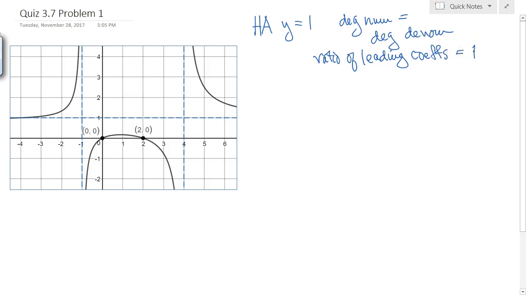Okay. Next thing I want to make note of is the vertical asymptotes. We have one at x equals negative 1 and one at x equals 4. And that tells me that in the denominator, I have x plus 1 and x minus 4.